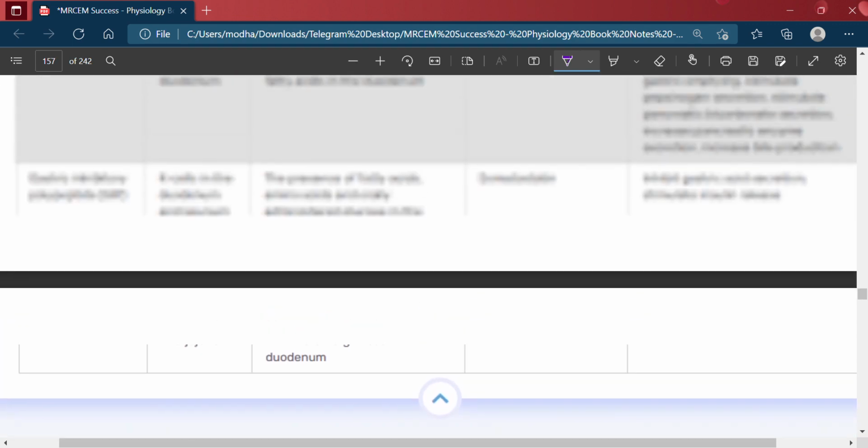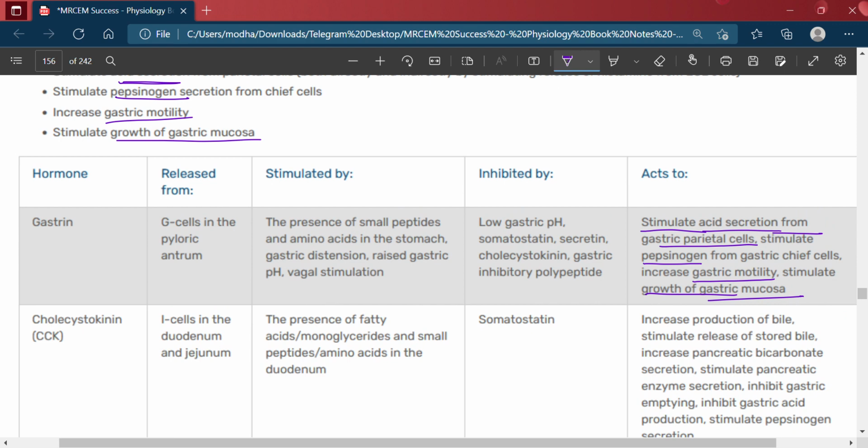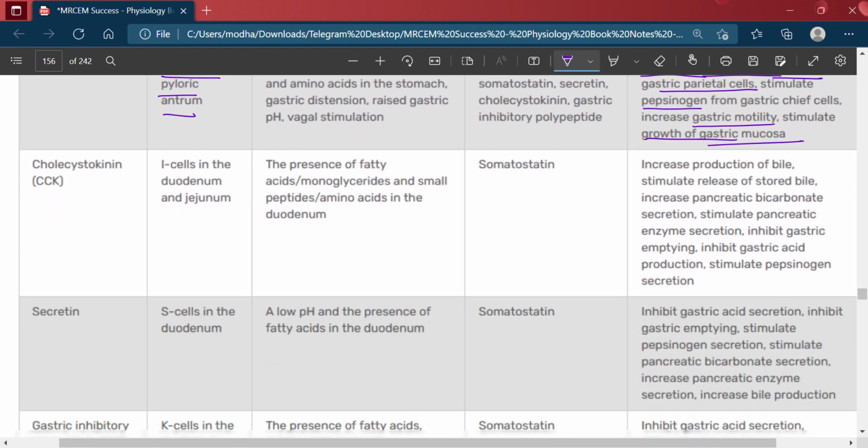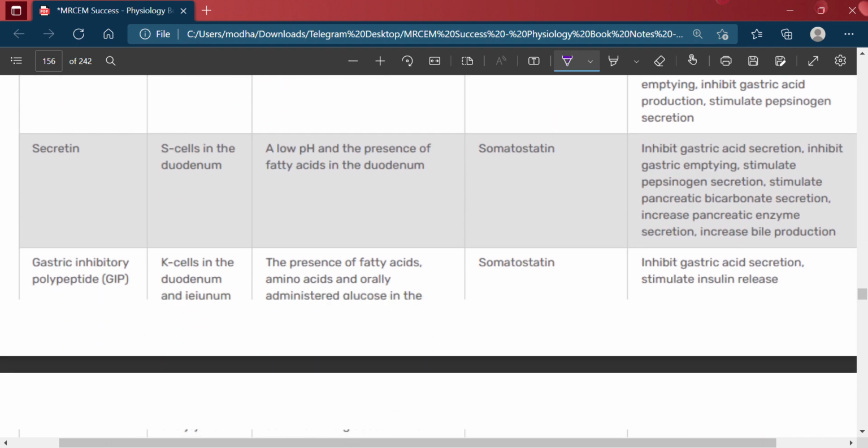Here we look at gastrin release from the G cells in the pyloric antrum, stimulated as we have seen earlier. Then cholecystokinin is released from the I cells in the duodenum and jejunum, stimulated by the presence of fatty acids, monoglycerides, peptides, and amino acids. Then secretin is secreted by the S cells of the duodenum.